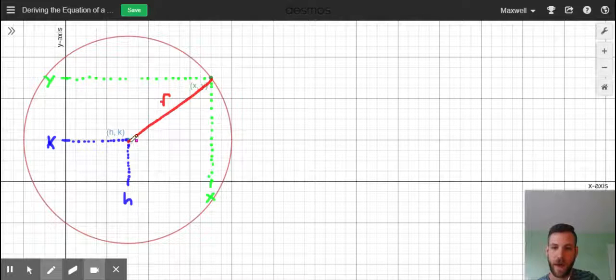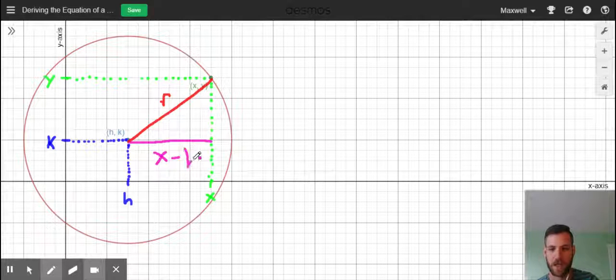So if we think about this length right here that I'm drawing in purple, that is how different the x and the h places are on the x-axis. So I could say that that length in purple right there is how different, or that sounds like subtraction, x and h are.